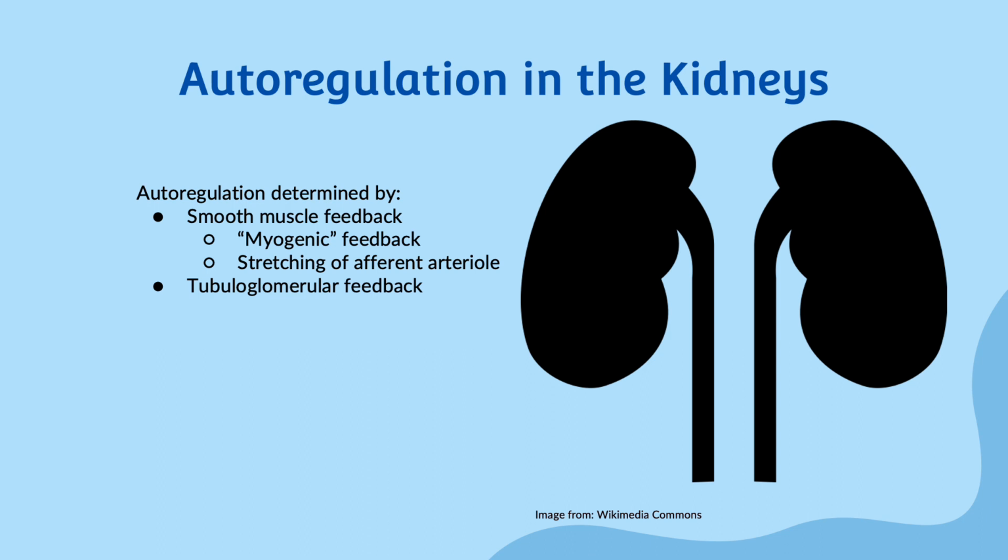Increased serum sodium concentration is sensed by the macula densa and causes the afferent arteriole to constrict, keeping the GFR down and within a normal range. Additionally, granule cells in the JGA will sense this and release renin, triggering the renin-aldosterone-angiotensin system, a more long-term solution for autoregulation that will be covered in a separate video.